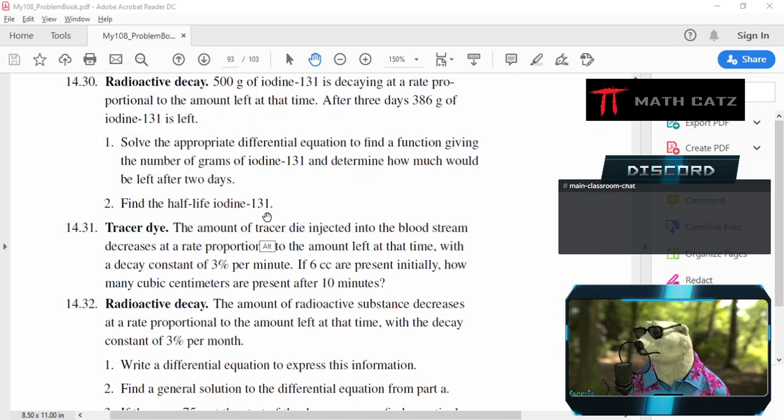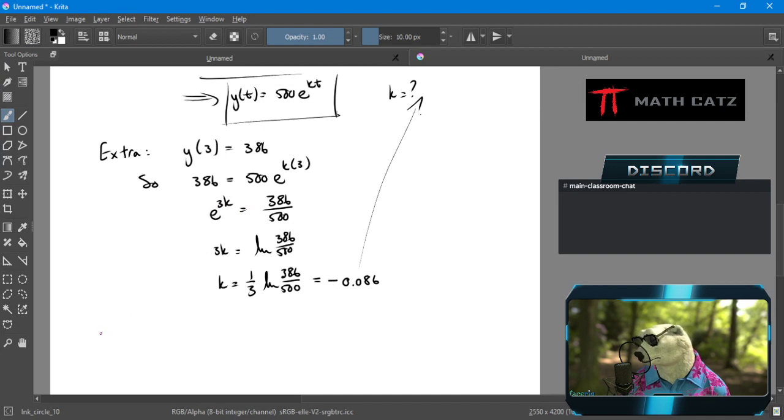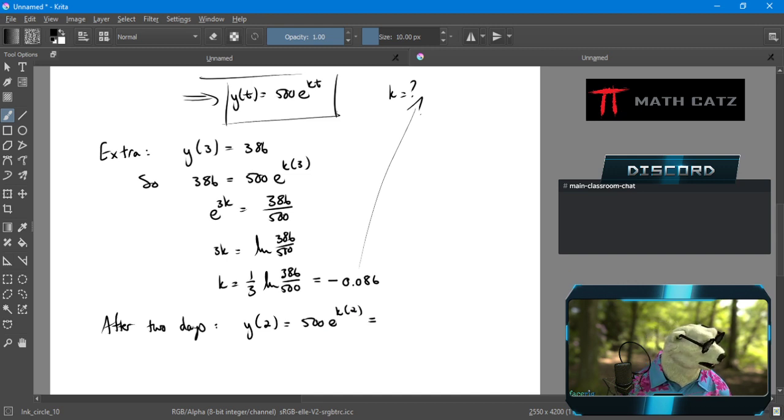Then they ask, determine how much would be left after 2 days. All right. So after 2 days, that is going to be y of 2. I plug it into my function. I have k if I need it, so I can calculate this. Let's do that.